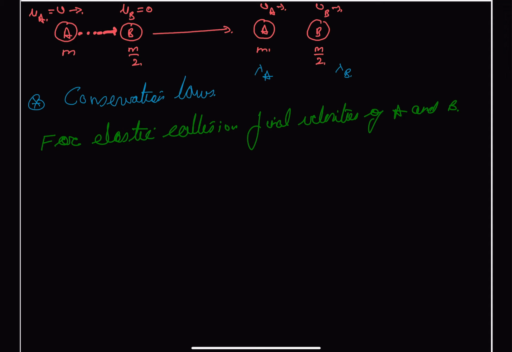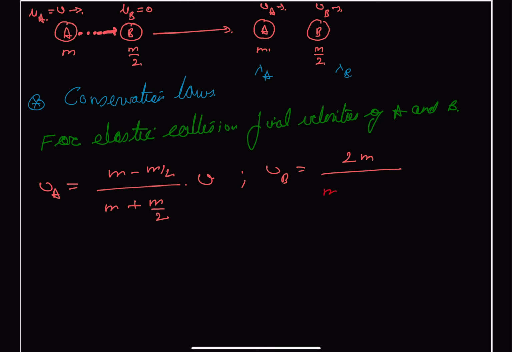We can write that our VA is equal to (m minus m by 2) divided by (m plus m by 2) multiplied by v, and our VB will be equal to twice m divided by (m plus m by 2) multiplied by v.